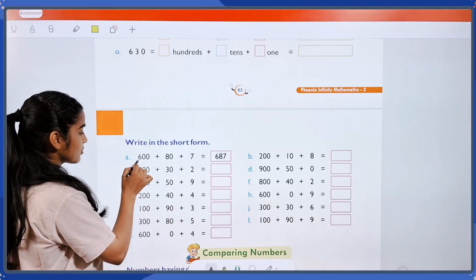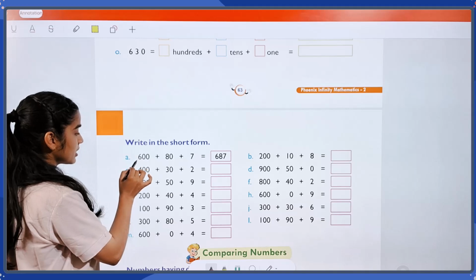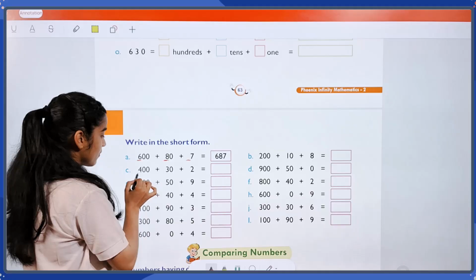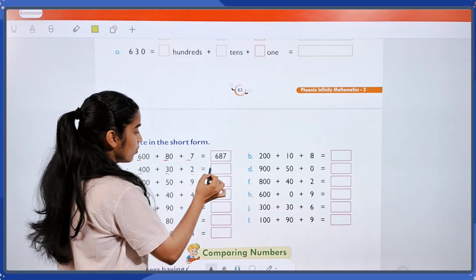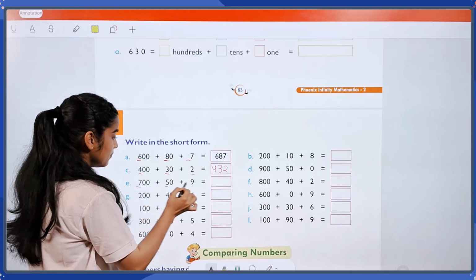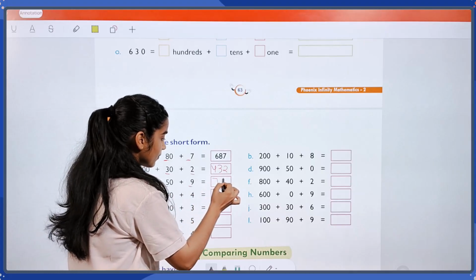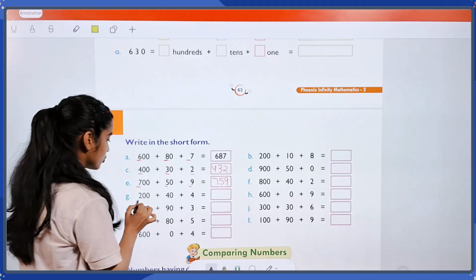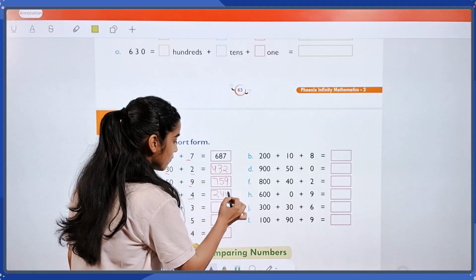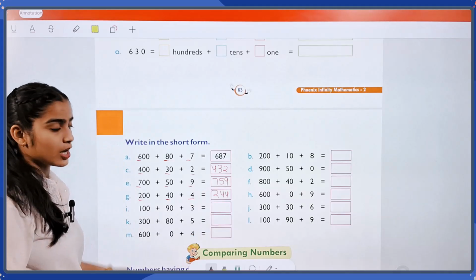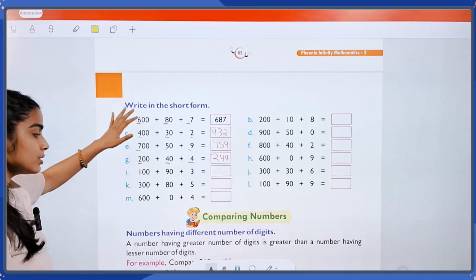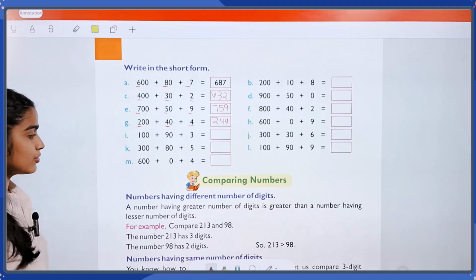Just make sure you write the first initial words. 687. 432. 759. 244 means 244. So I hope, champs, you can do this as I do similarly. So just complete this question.